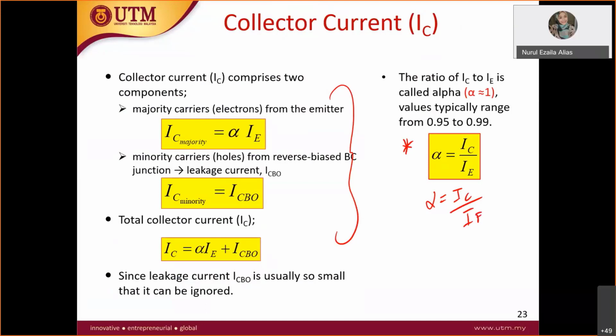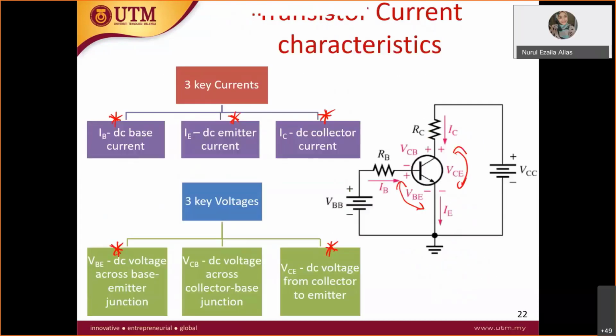For a good amplifier, a good BJT, alpha is usually approximately equal to 1. For this reason, we can assume that IC is approximately equal to IE. Why? Because both collector and emitter are doped with the same concentration, and the base is usually very, very small, and therefore we can assume that IC equals IE.